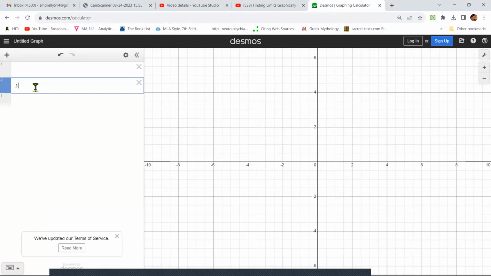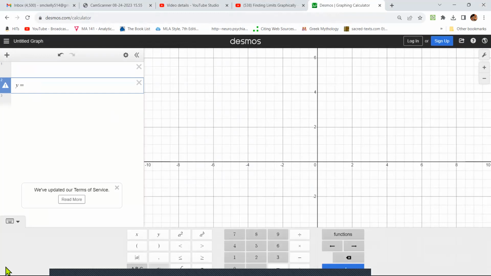So y equals, and you enter the function just like you normally would. Here I need the absolute value symbol, so I need the little keyboard, and the little absolute value symbol, which is this thing here. And I'm going to enter x minus 3 in there.